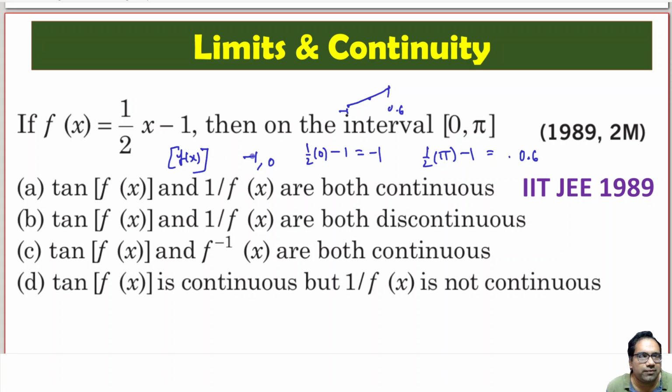So the greatest integer function can be either minus 1 or 0, because this is only about integers. Now tan of the greatest integer function of f of x. What does that mean? Either it can be tan of minus 1 or tan of 0.